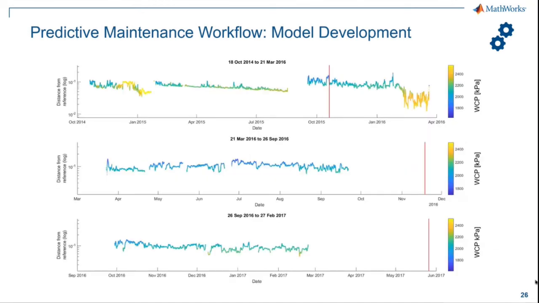So we verified the performance of the model by applying it to historic unseen data. And these red lines you see here serve as the markers of what the model predicted the next wash will need to be. So if we look at the first graph, we can see that the turbine was washed around August, September. But according to the model's prediction, the washing could have happened a few months later.